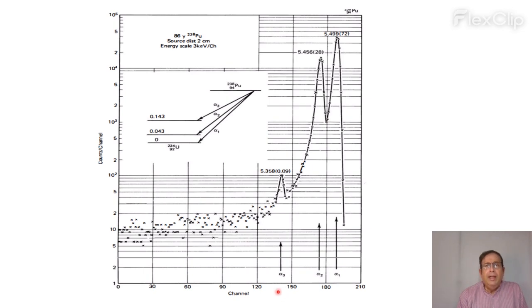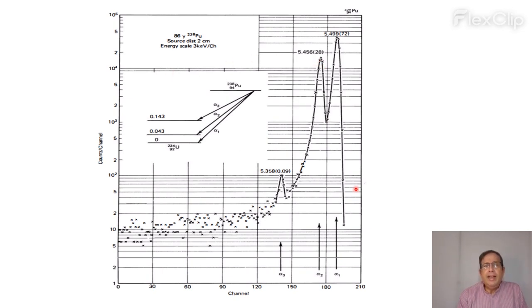So basically here you can see there is a peak, that means in this energy range an alpha particle of energy 5.358 mega electron volt with this much of counts, that is 10 raised to power 2 counts per detector window, are produced. Similarly here another channel, alpha particle of energy 5.456 mega electron volt is produced, which has got a higher detector count.